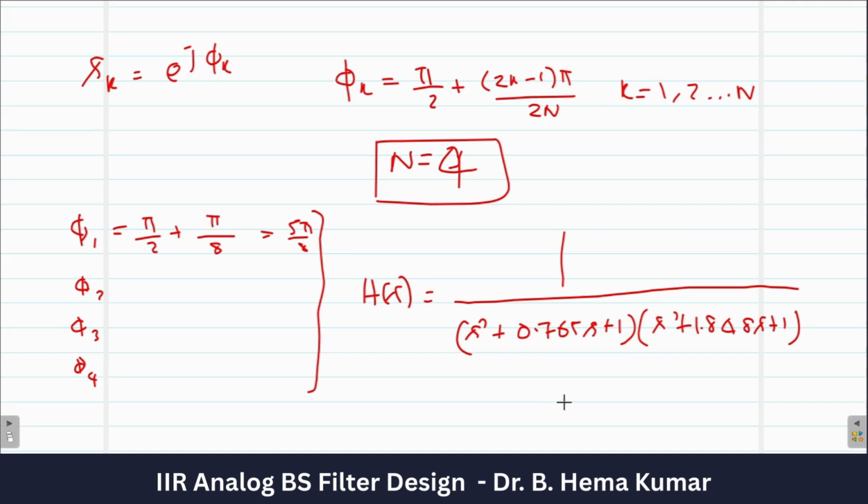Once we get this analog transfer function, what we have got is for the normalized frequency omega r. We have to convert this into our band stop specifications. How will you do that?